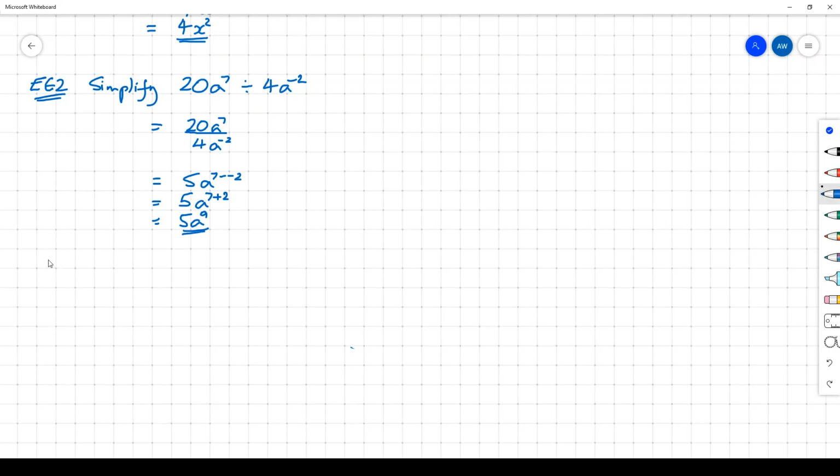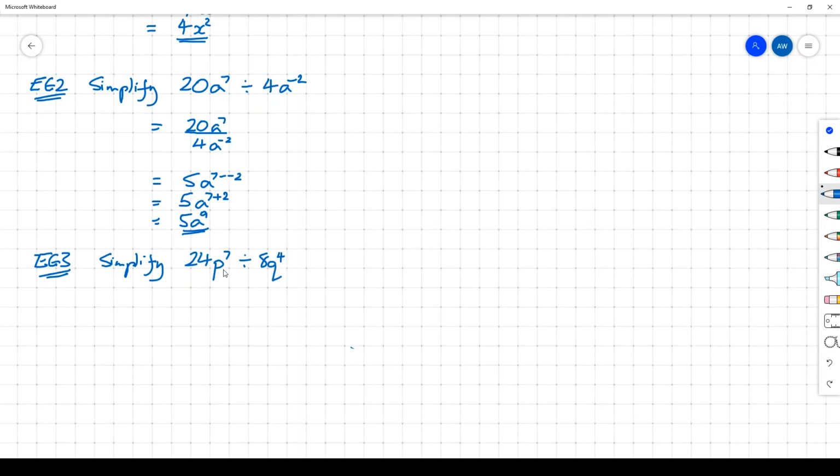Here we go. Example 3. Simplify 24p to the 7 divided by 8q to the 4.